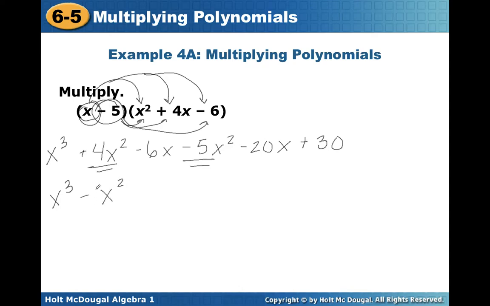Now, if you can remember, there is a secret or imaginary 1 that we can write there, but if you wanted to leave that off, that's also okay. And then we have negative 6x and negative 20x. We can combine them to get us a negative 26x. And lastly, positive 30 is a constant and cannot be combined, so we can leave this the same, and here's our final answer.